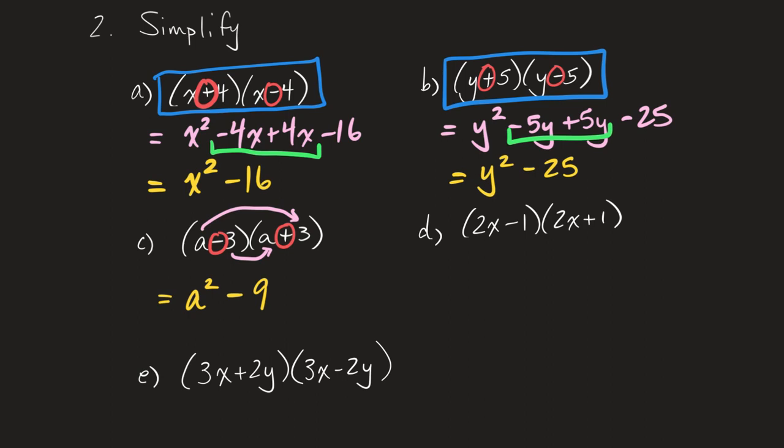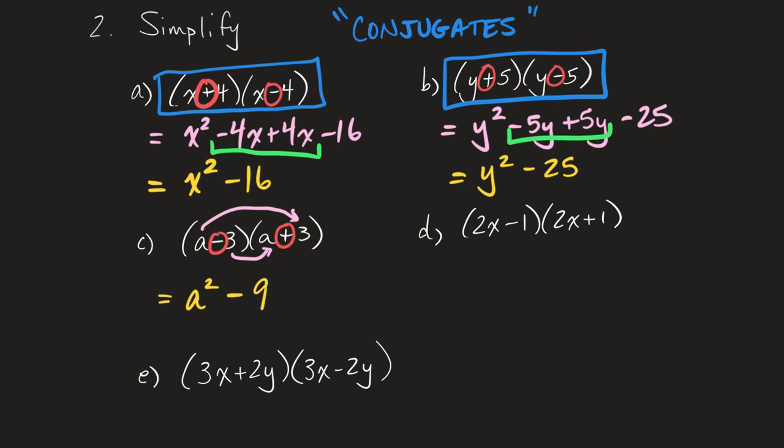Okay, I want to highlight a couple things. First off, what you have with those expressions is something that's referred to as conjugates. Conjugates are factors that, when multiplied, have different signs in between their terms. Same values, but different signs in between.